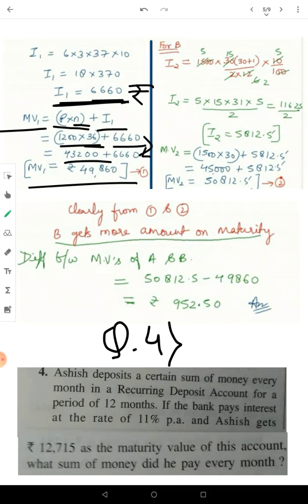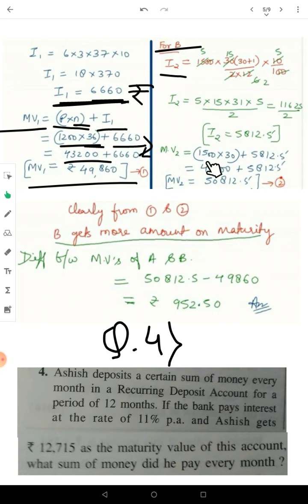Now let's see B. I2 will be 1,500 into 30 into (30 plus 1) upon 2 into 12 into 10 upon 100. We have done the calculation: I2 will be 5 into 15 into 31 into 5 upon 2, which is 11,625 upon 2. So I2 is 5,812.5. Maturity value of 2 will use the same formula, P into N plus I2.